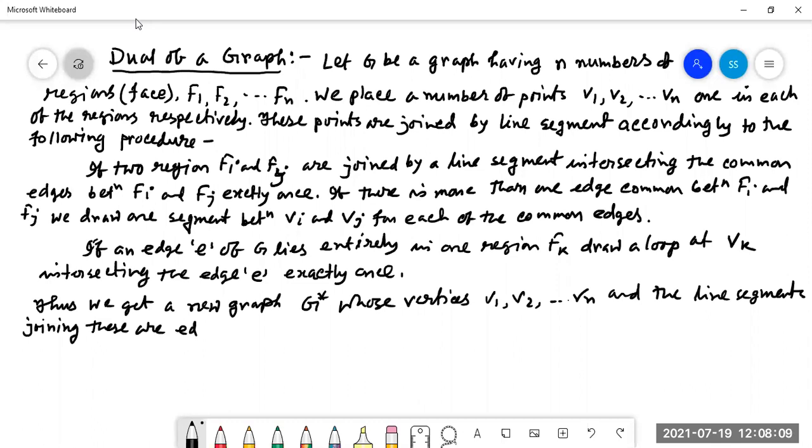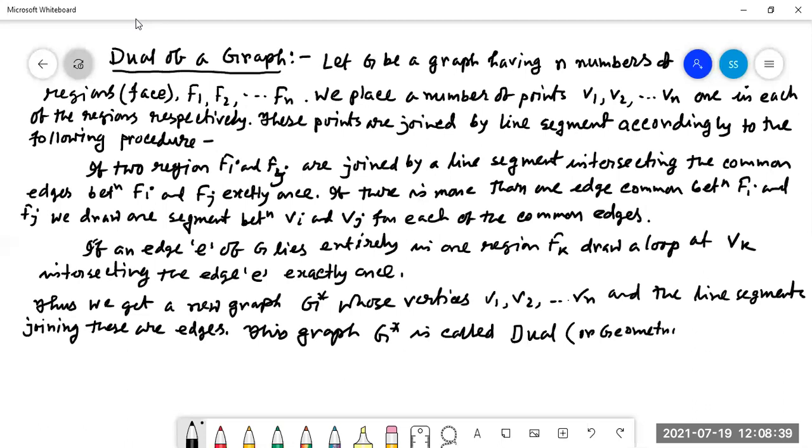This graph G star is called the dual, also called the geometric dual of G. So how to make the dual graph?